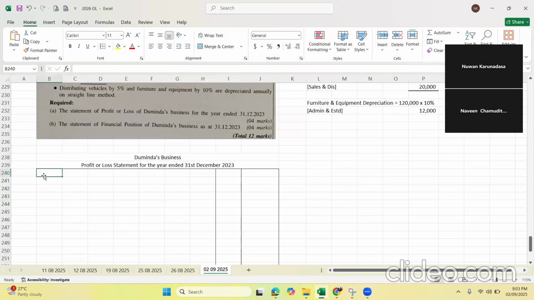Start the format. Sales minus sales return, minus cost of sales.